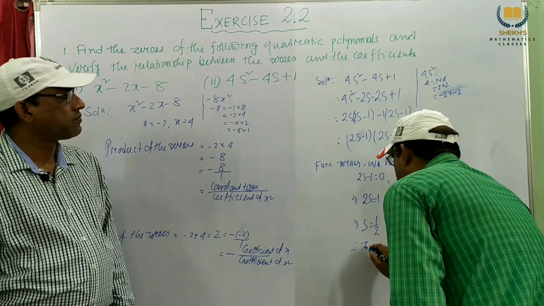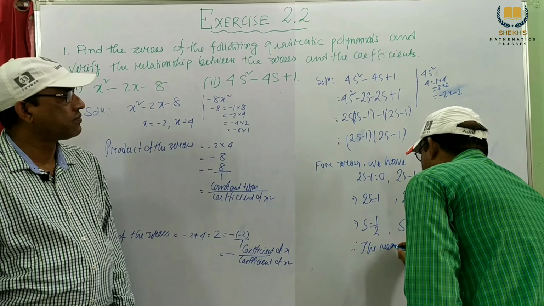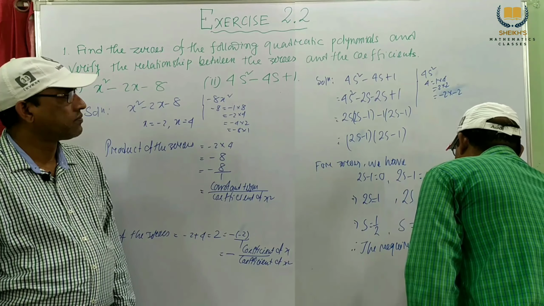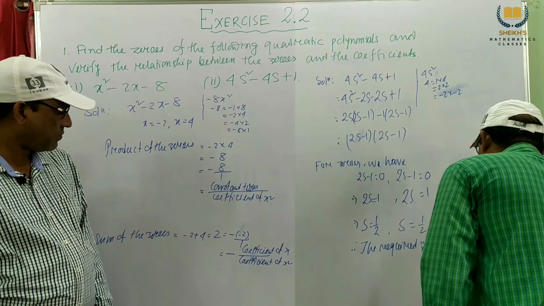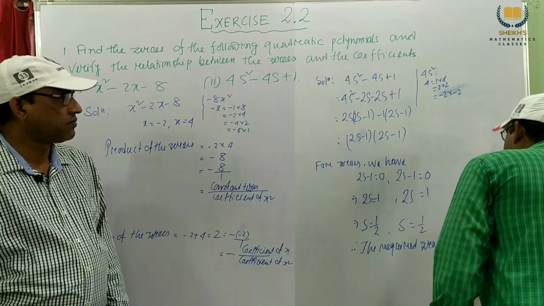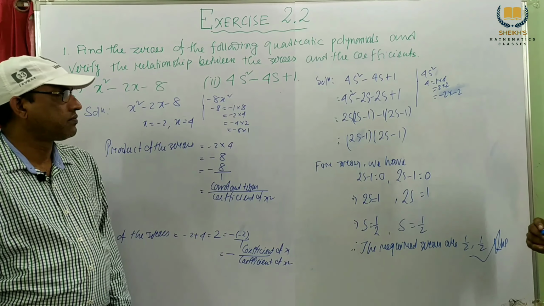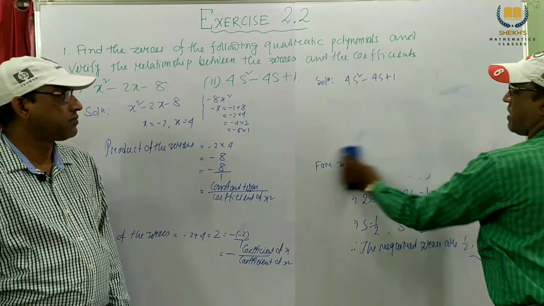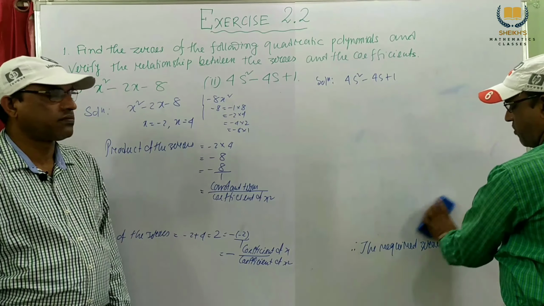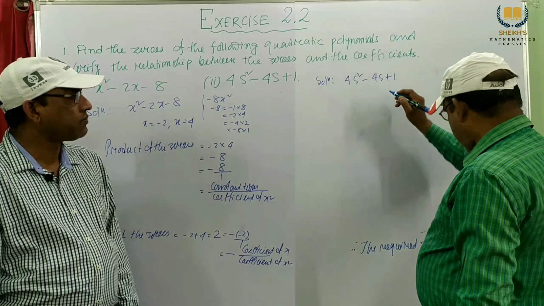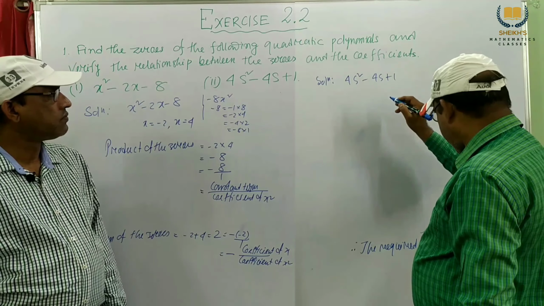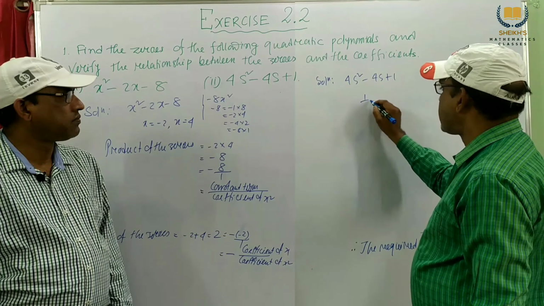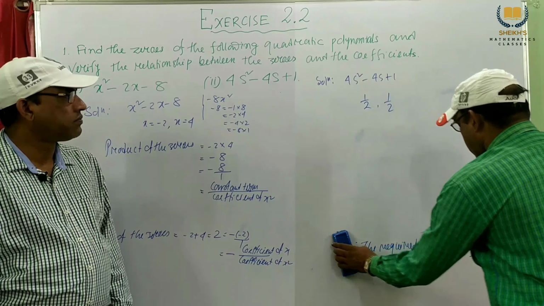Therefore, the required zeros are 1 by 2, 1 by 2. This is our answer. Now we want to verify whether the sum and product of the zeros satisfy the relationships of coefficients and zeros or not.